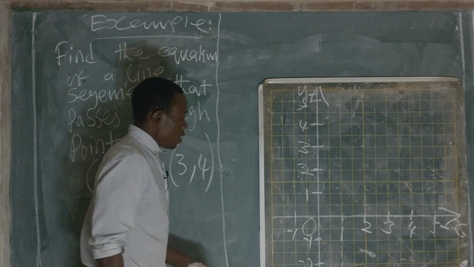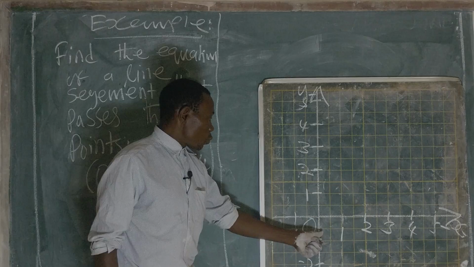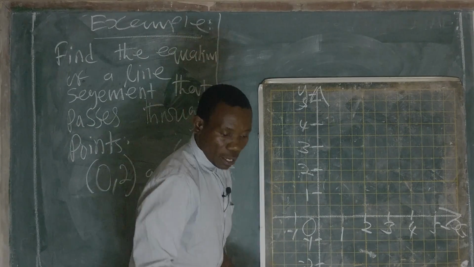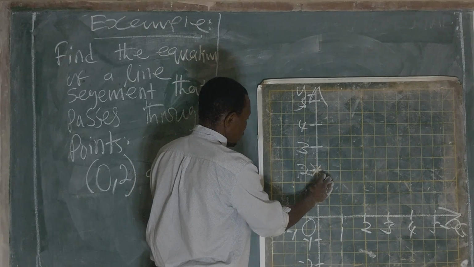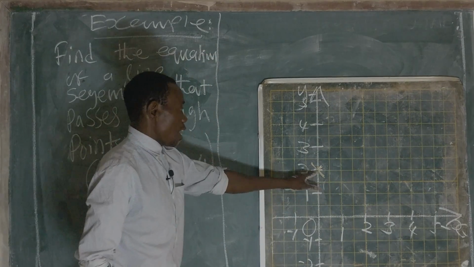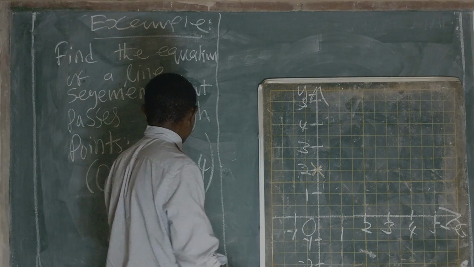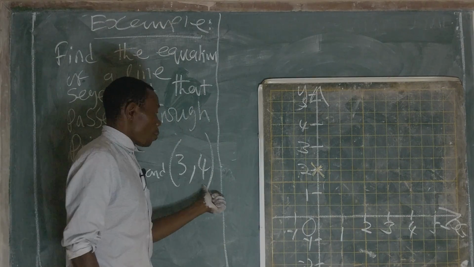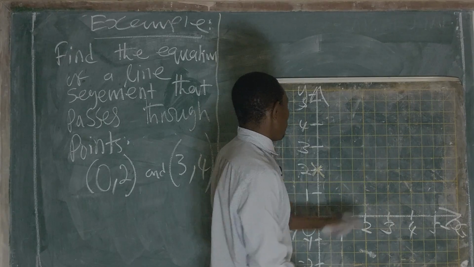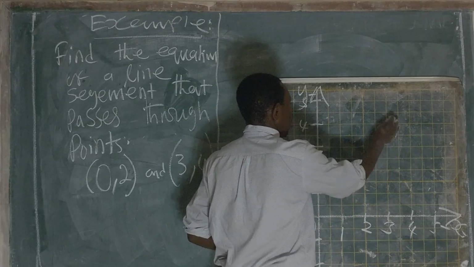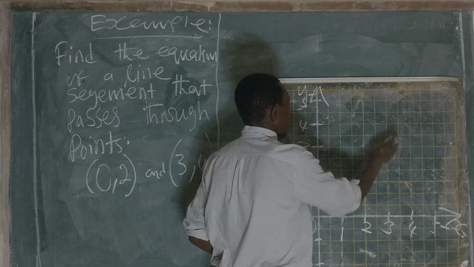So on the Cartesian plane here, the position (0, 2) is here. Let me use a different mark. This is (0, 2). So the line is passing here. And we are told that this line is also passing through another point (3, 4). It is this position here.